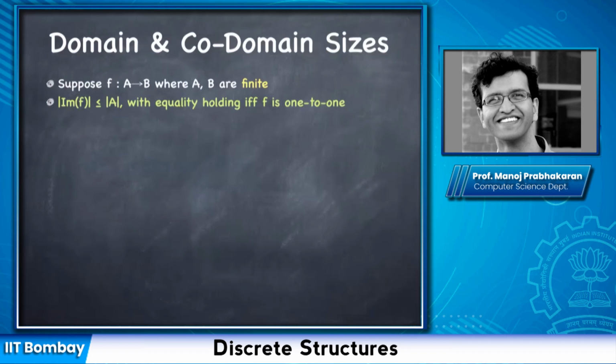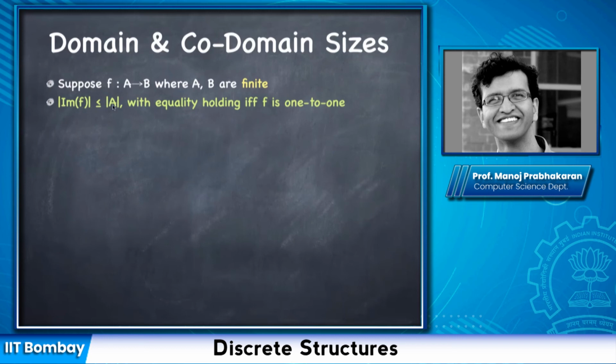So here is one thing you can see: every element in A is mapped to some element in the image. So the total number of elements that you can reach as f of x is at most the number of x's you have. That is, the size of A is an upper bound on the size of the set of all elements of the form f of x, where x is in A. So the size of the image is at most the size of the domain.